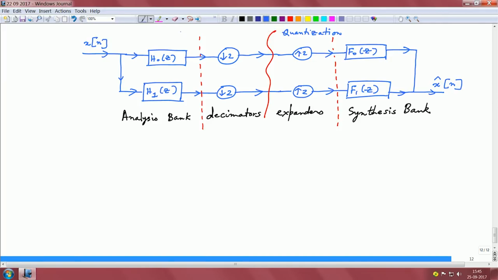At this point I have x naught of n, at this point I have x 1 of n, at this stage I have v naught of n, at this stage I have v 1 of n, at this stage I have y naught of n, and I have y 1 of n in the second branch of the filter bank post expansion.